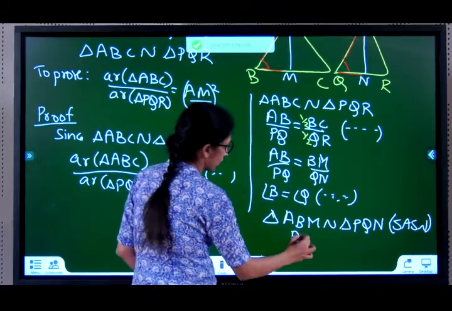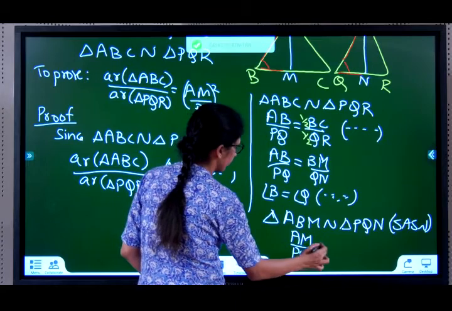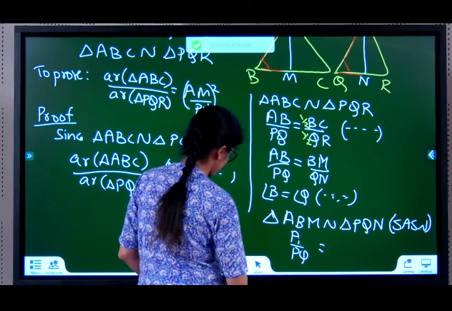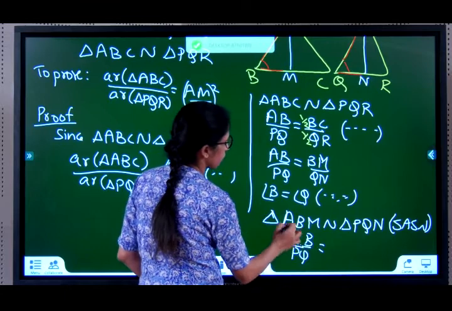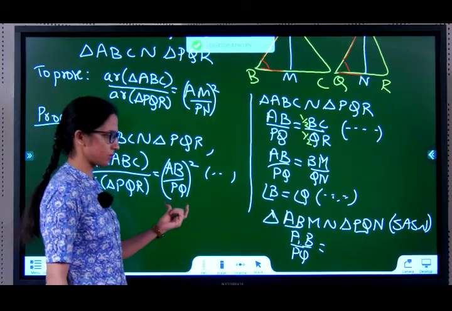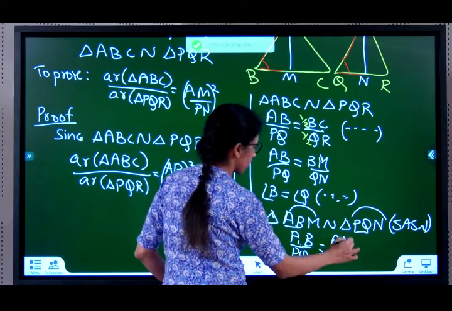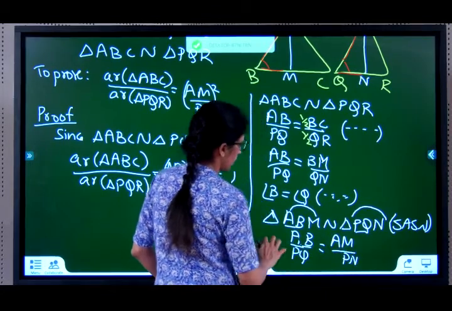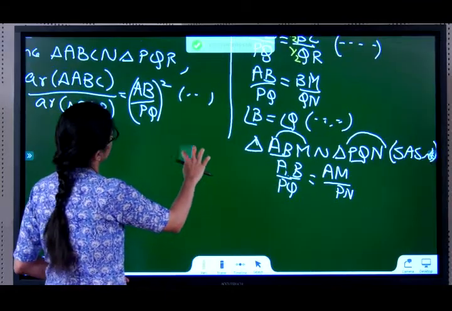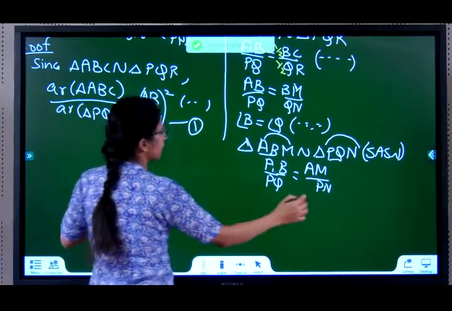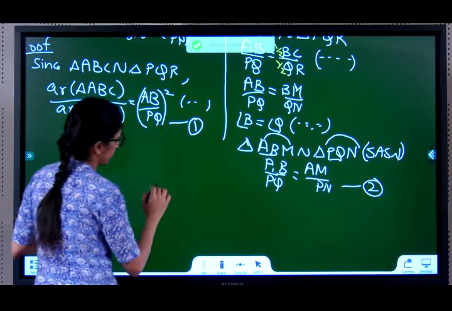Now I can write AB by PQ is equal to AM by PN. Why AB by PQ? Because I have AB by PQ here. You can take any side. AM by PN, because that's what we want, the median. So now let's call this as 1 and let's call this as 2.